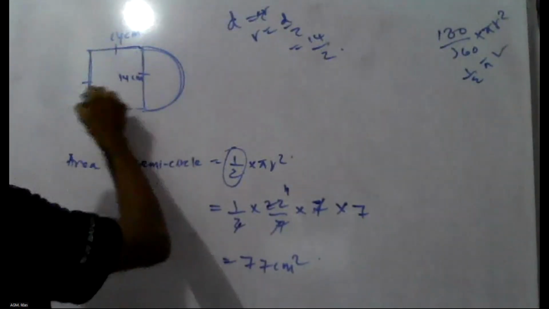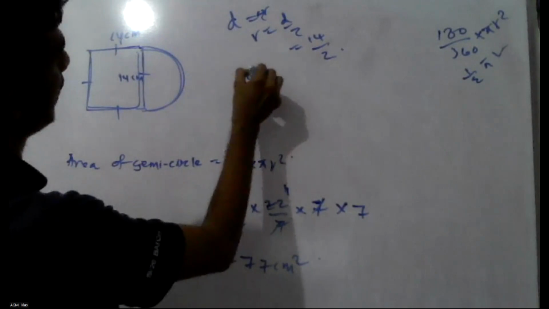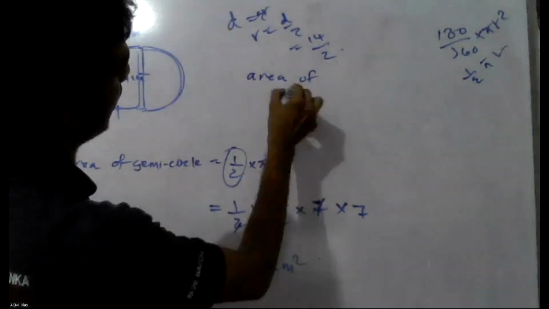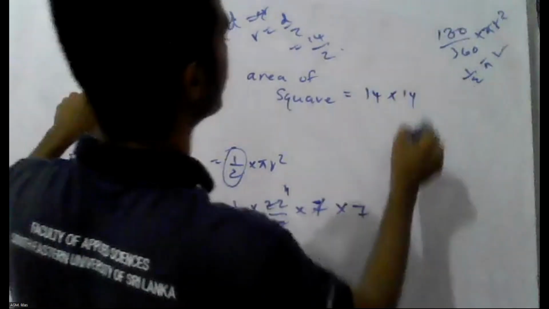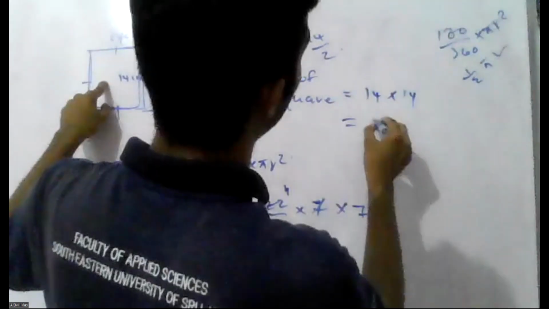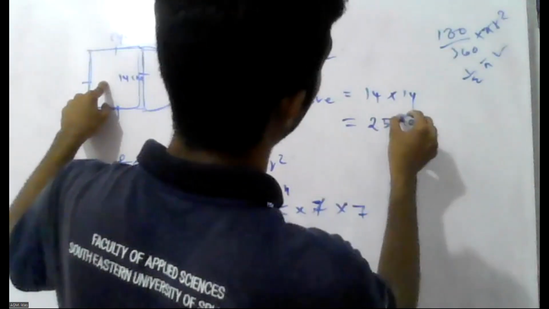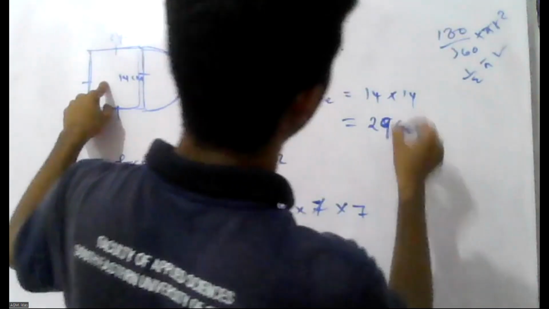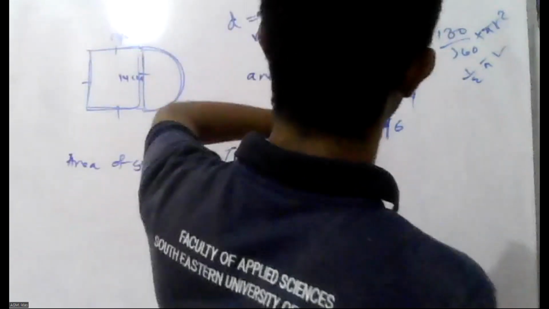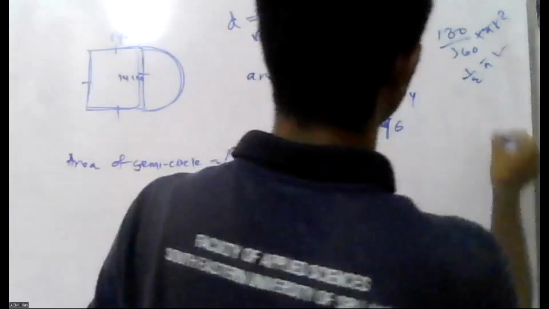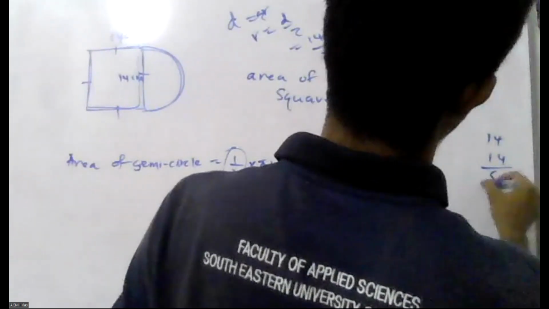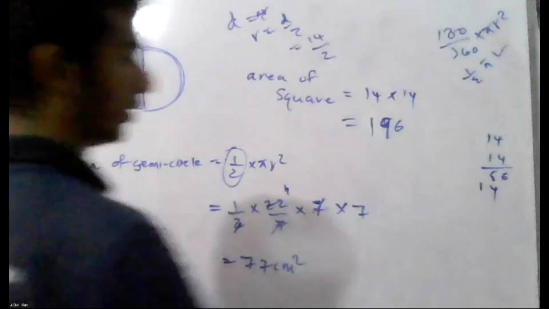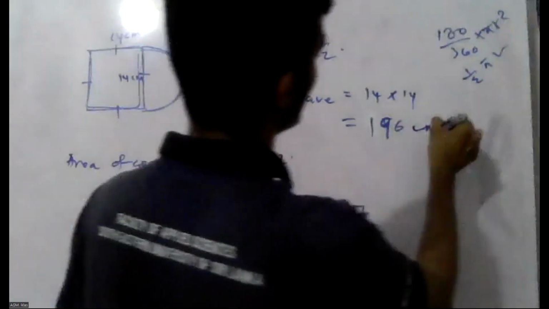Again, I need to find the area of this square as well. So area of square is equal to 14 into 14, which is 196 centimeter square.